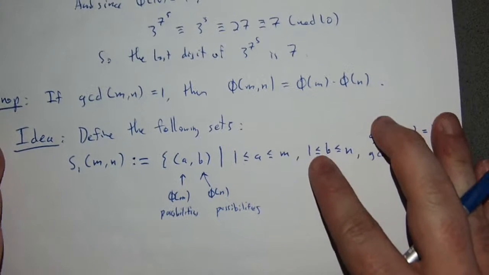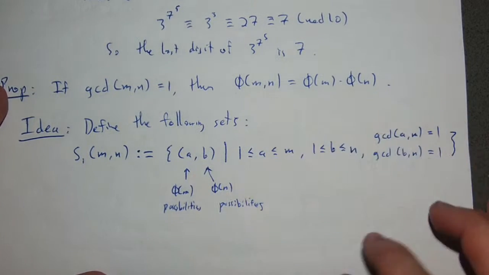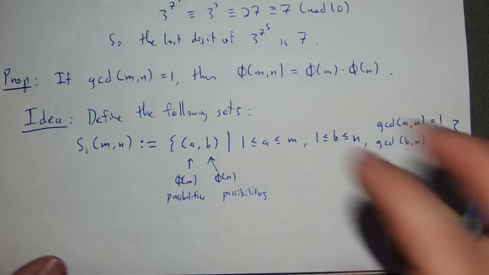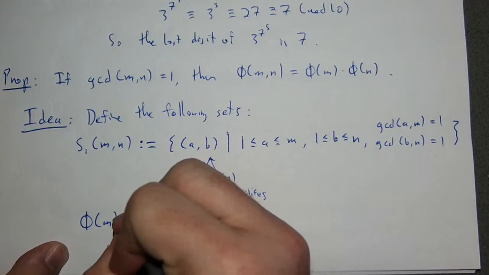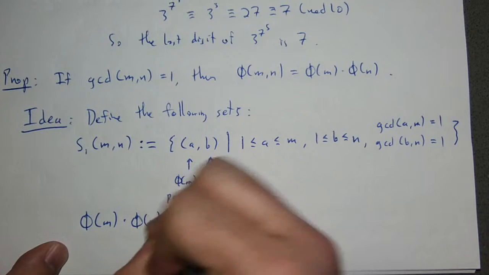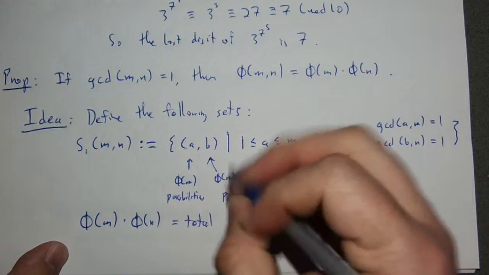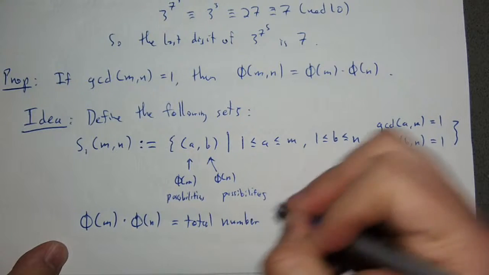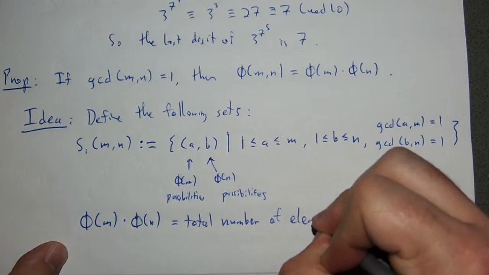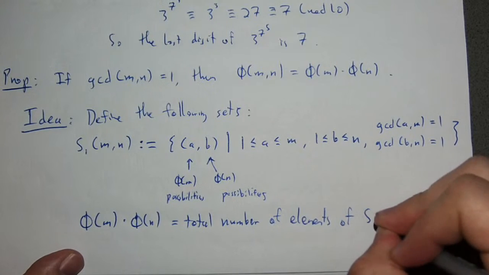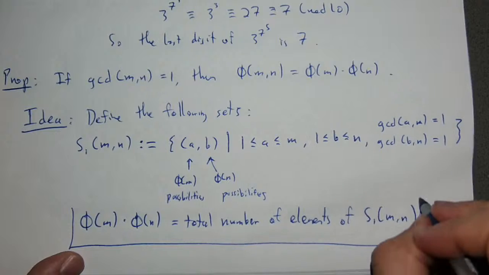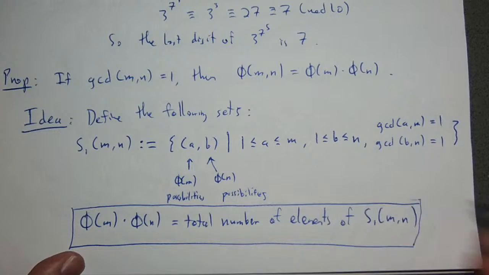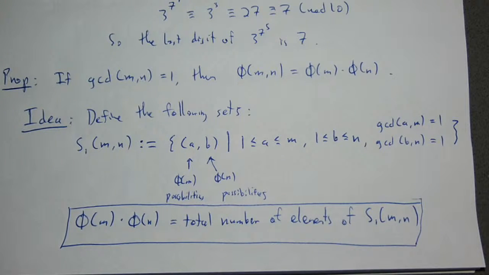So what's the total number of elements of this set? It's phi of m times phi of n.